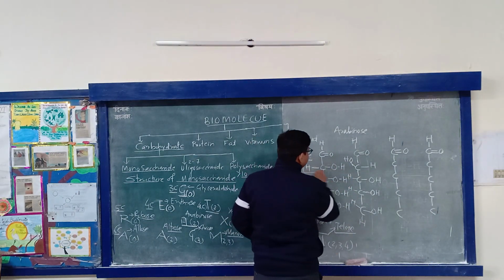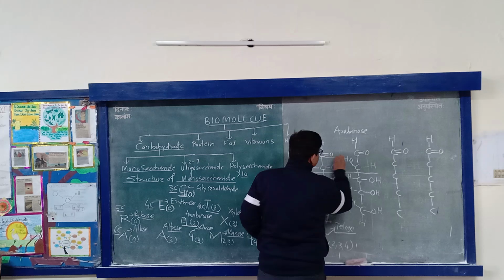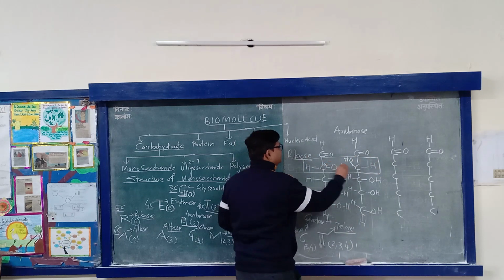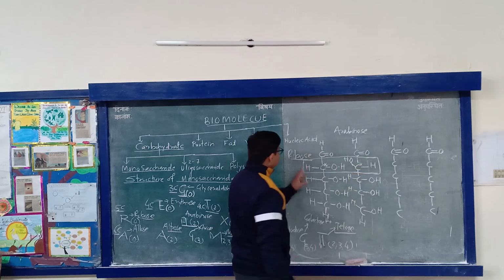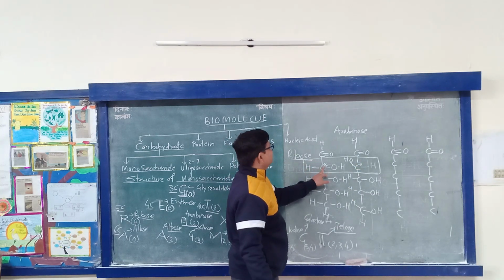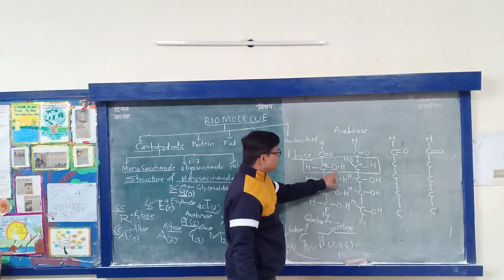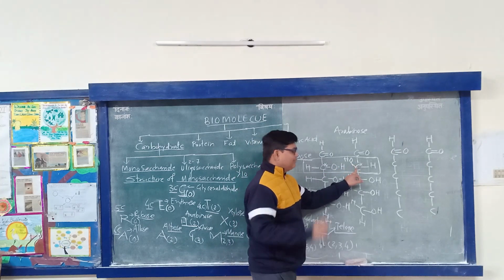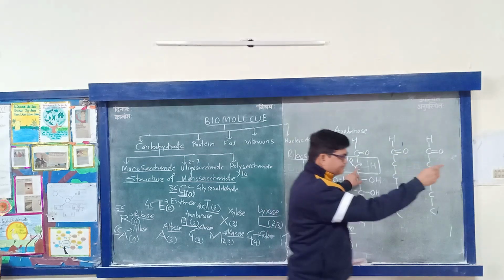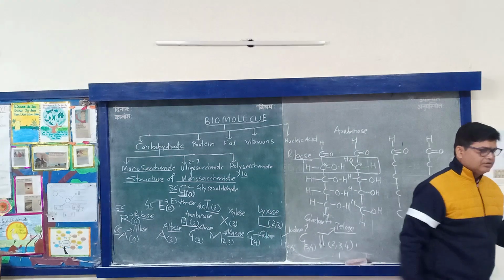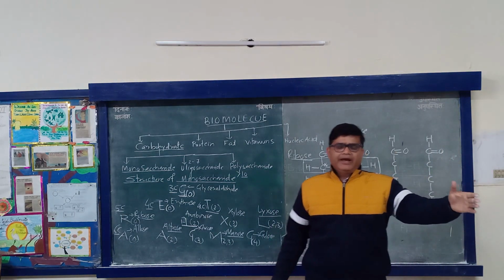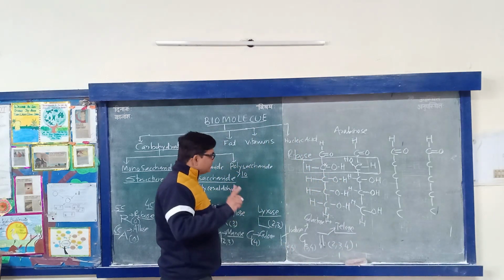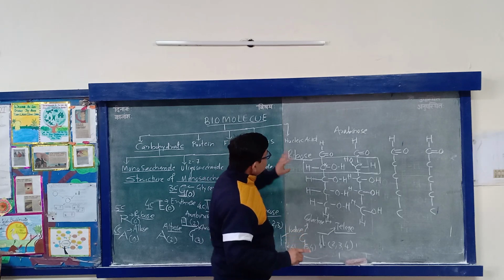If you differentiate, you have to differentiate at carbon number 2. If you see ribose, the hydroxy group is present on the right side at carbon number 2. In case of arabinose, the hydroxy group is present on the left side. So go and do your work as per drawing the chemical structure.